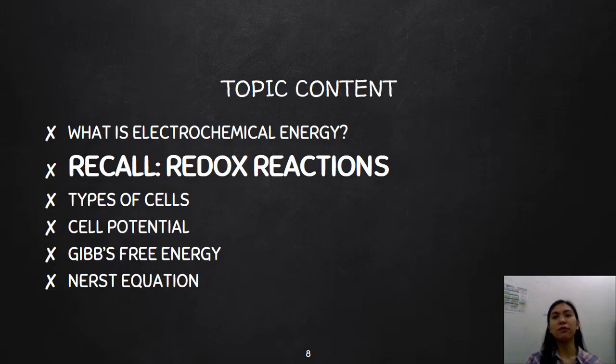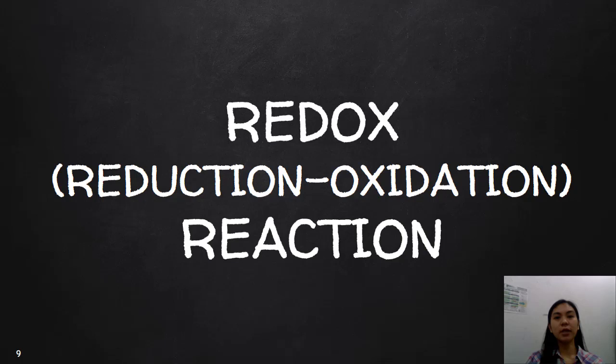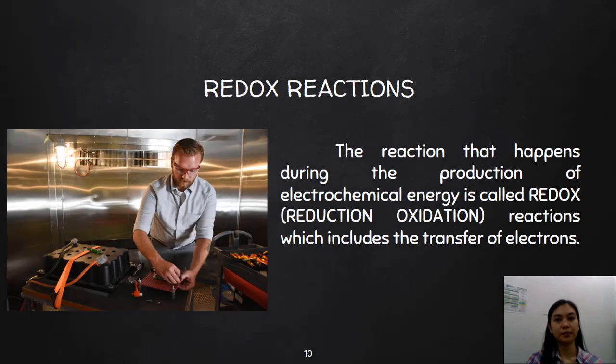These redox reactions, I believe you have already taken up in your chemistry in high school. So it's very important that you know how to balance your redox reactions. Redox is a short term for reduction-oxidation reactions. The reaction that happens during the production of electrochemical energy is called redox reactions, which includes the transfer of electrons.